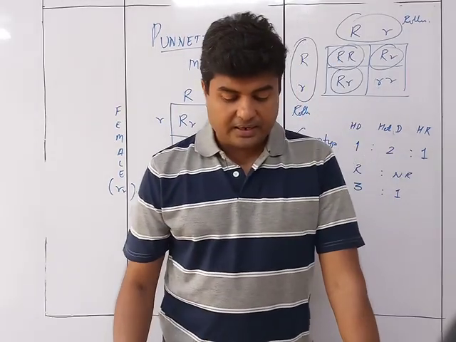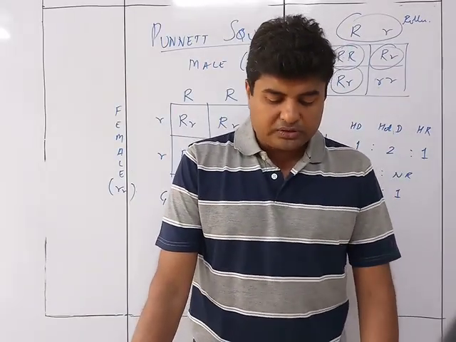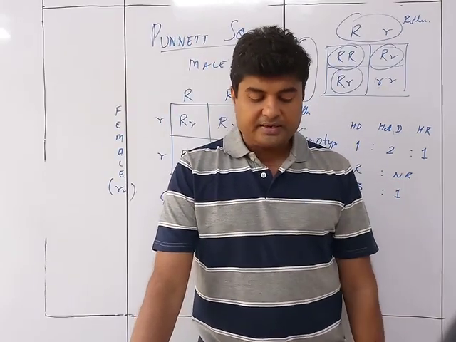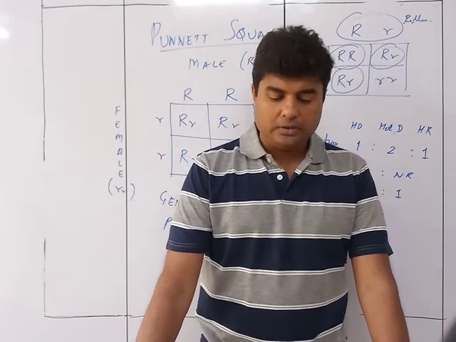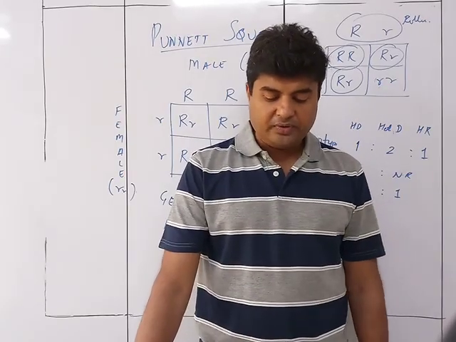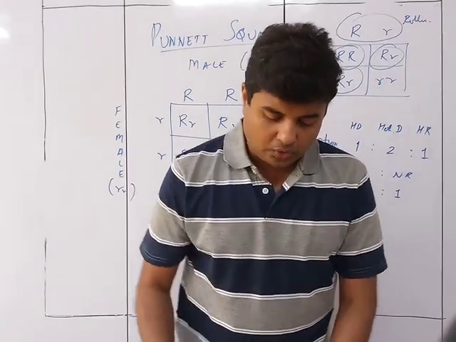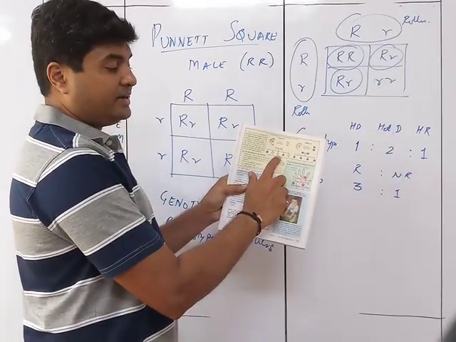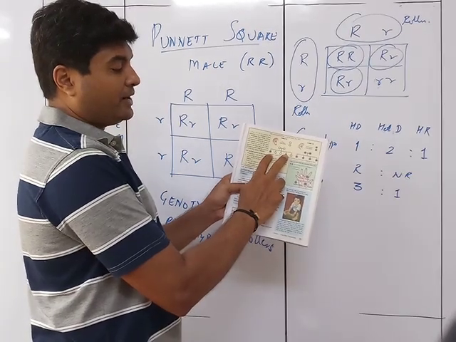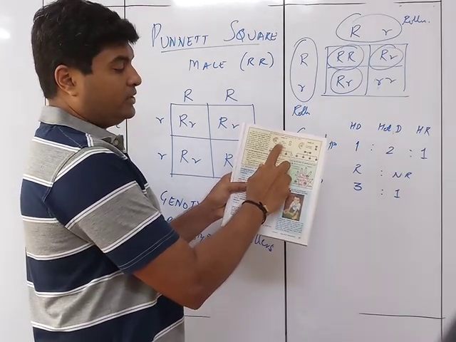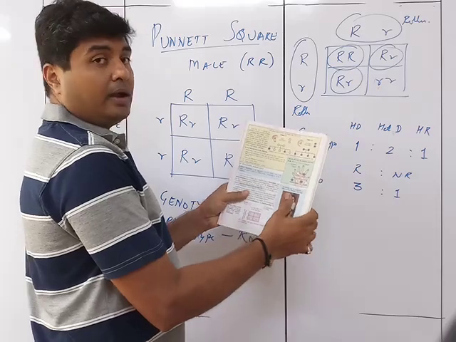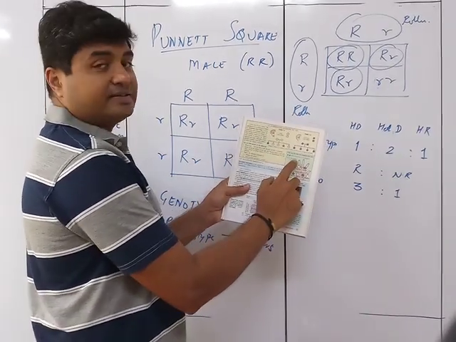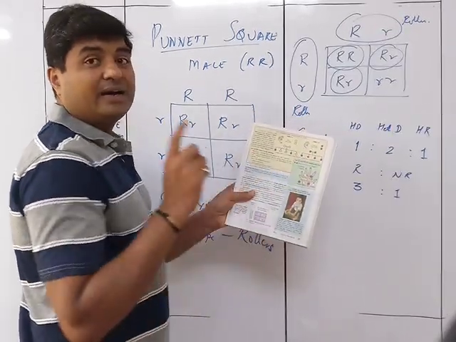You can see that there is one male and one female who both have a dominant character, and accordingly there are children: one male who is recessive, one female who is recessive, and 2 daughters and 1 son who are dominant. So we know that these two parents will be heterozygous. Here, all of them are recessive.